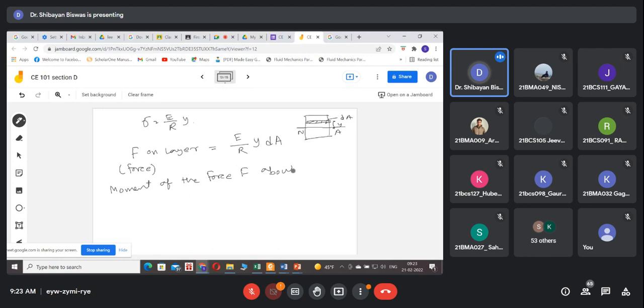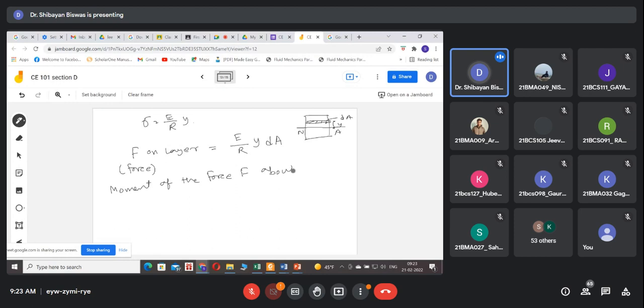Sigma equals E by R into Y, and also M by I is equal to E by R equal to sigma by Y. For Y max, what is the sigma value? We have just seen it is equal to sigma max. That is, maximum stress happens for Y max, that is the maximum distance from the neutral axis.